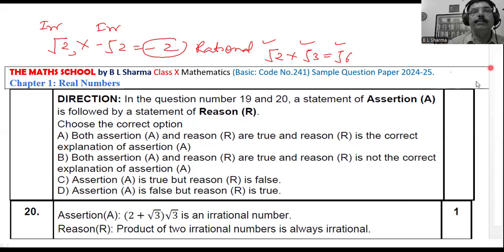Now, number two, for the assertion, when you multiply 2 plus root 3 into root 3, so we can write 2 root 3 plus 3. यहाँ पे देखिए स्क्वायर रूट स्टिल एग्जिस्ट करता है, तो ये इरेशनल है. तो असर्शन तो ठीक है.